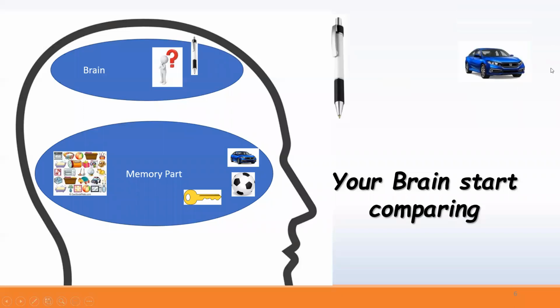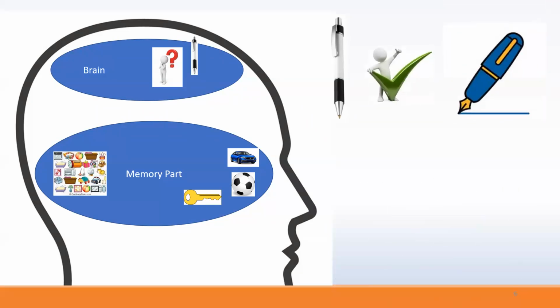Does the pen look like this? No. Like this? No. Like this? No. Like this? No. The brain keeps doing it until it finds the answer. Good. It doesn't have to be a very, very exact match because Sheikha's brain is smarter than the computer. Anything similar will be equivalent. Now Sheikha's brain finds the answer.